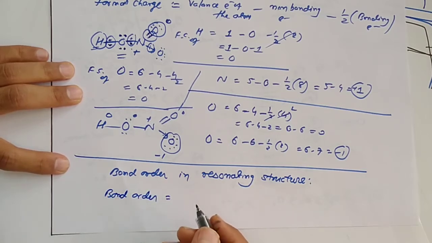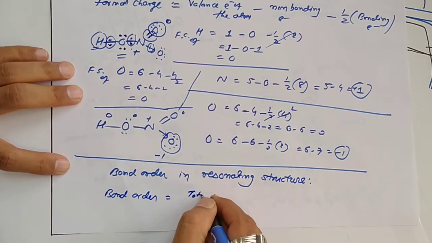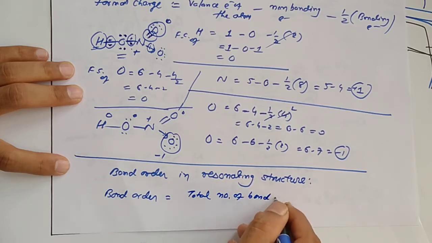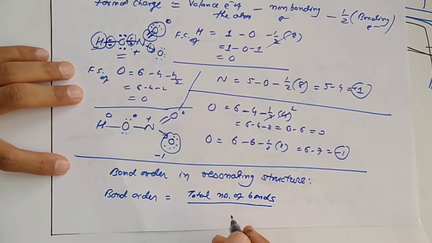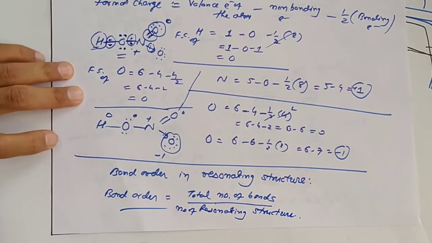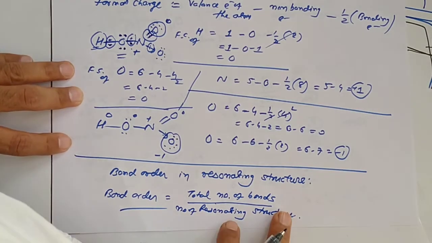Bond order in a resonating structure is the total number of bonds divided by the number of resonating structures. So it gives the average bond order. We can define it using this formula.